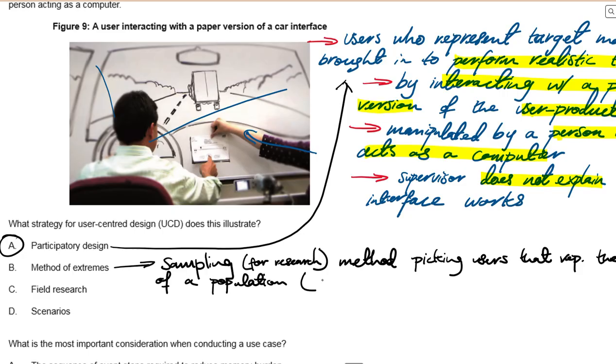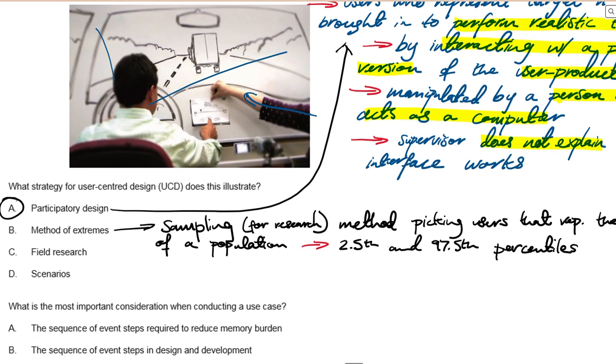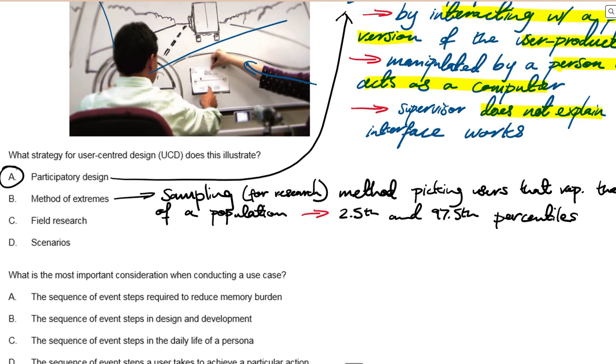and that would typically be, let's bring another arrow, typically the 2.5 percentile and the 97.5 percentile. So we want the top 2.5 percent and bottom 2.5 percent, right?